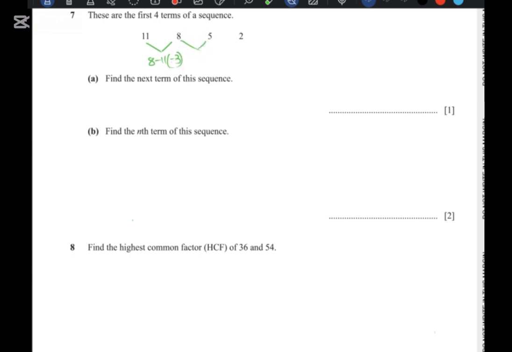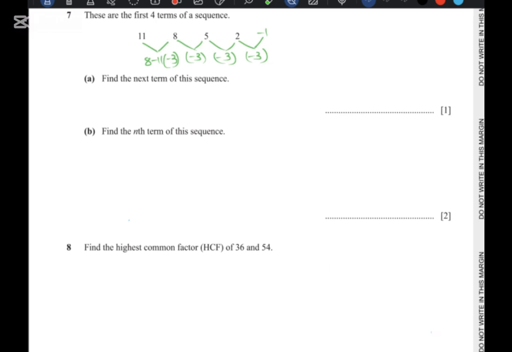And 5 minus 8, I get minus 3. And 2 minus 5 also, I get minus 3. So for the next number, if I subtract, I should get minus 3. So 2 minus 3 is minus 1. So the answer is minus 1.